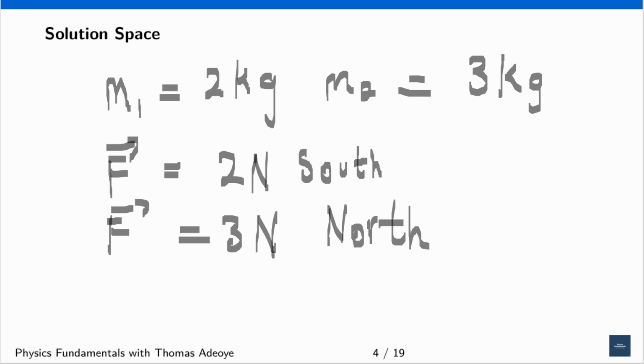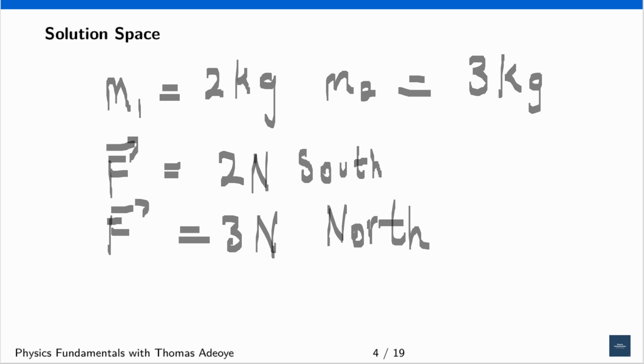This is actually not 5, because in adding two vectors together, you have to take into consideration their direction.